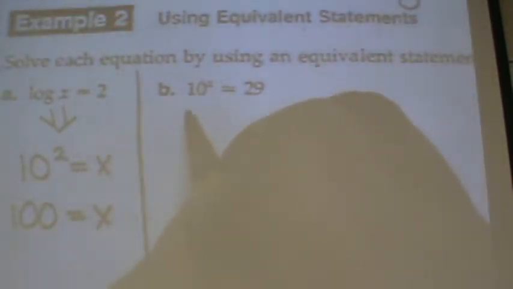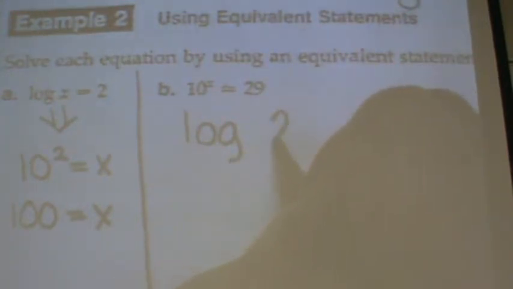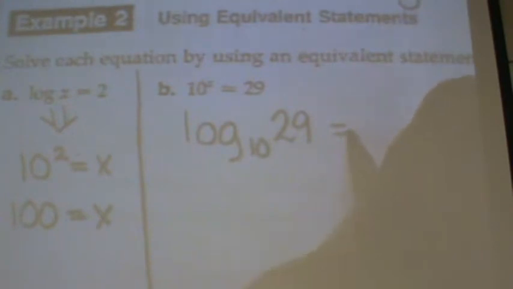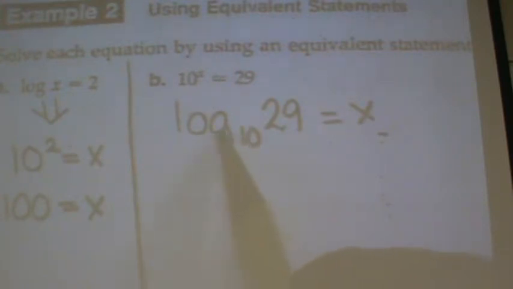How about this next one? Well, it's in exponential, so write it in log form. How do you translate this to log form? Log of 29 base 10 is equal to x. Now, you're going to use your calculator. If it's in log base 10, you really don't need to write base 10.